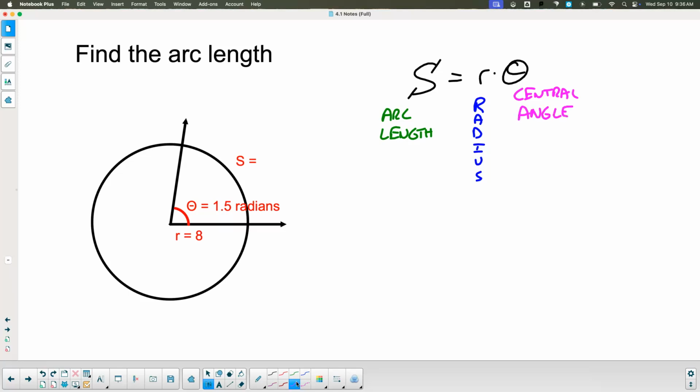But the kicker is it has to be in radians. If it's in degrees, we can't use S equals R theta.